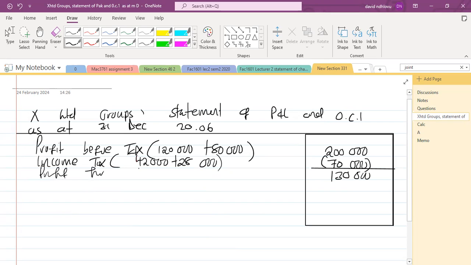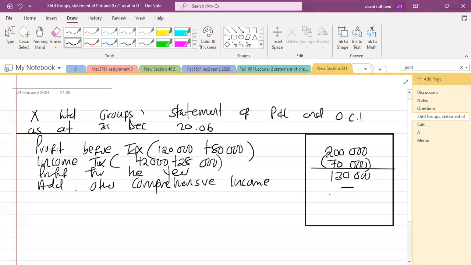It's consolidation line by line. After the necessary adjustments in the P&L, there are no adjustments. Then you add other comprehensive income, so that you can get a value of 130,000.